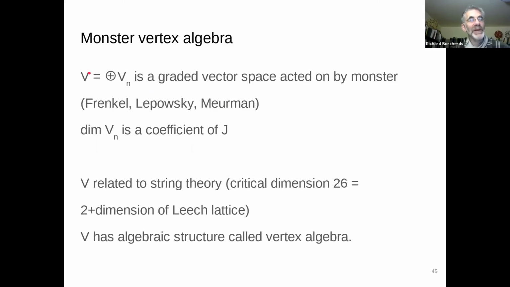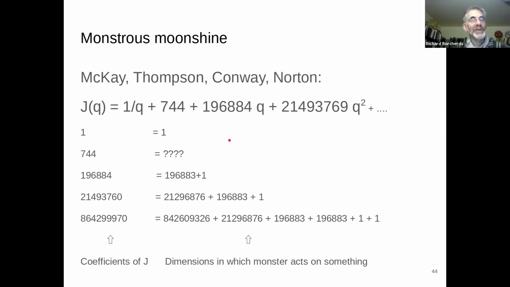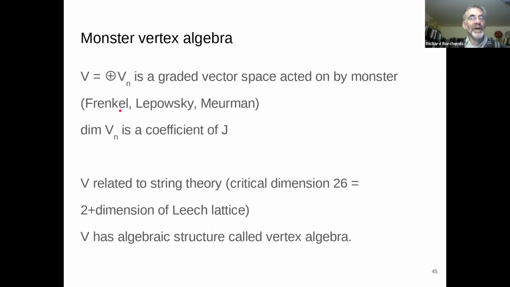So we've got a vector space V, which is a sum of finite dimensional pieces Vn, and the dimension of each space Vn is one of the coefficients of J. I should say that you have to throw away this number 744. The elliptic modular function is only defined up to an arbitrary constant, and this number 744 only occurs for historical reasons. There's no great significance to it. So you throw it away, and all the other coefficients are coefficients of Frenkel, Lepowsky, and Meurman's algebra.